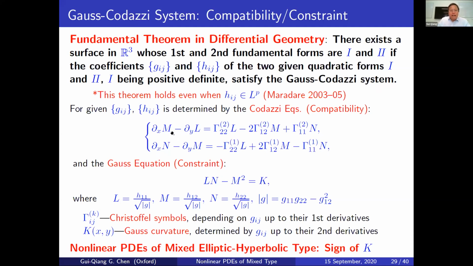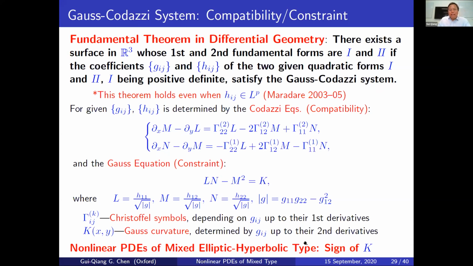Now, the Codazzi equation is really a first-order PDE, right? There are 3 unknowns. Through the Gauss equation, if we represent one of them in terms of the other 2 and plug in, then we get a first-order 2x2 system, which is a system of mixed elliptic and hyperbolic type.